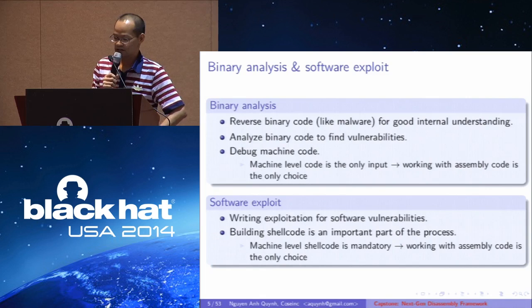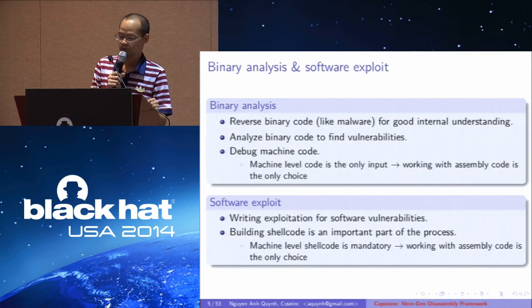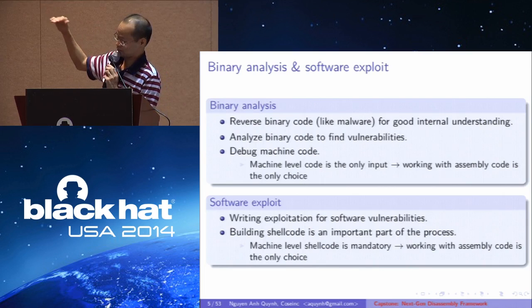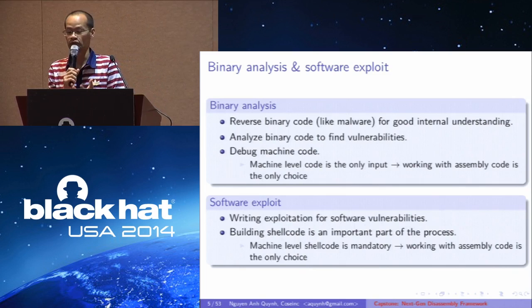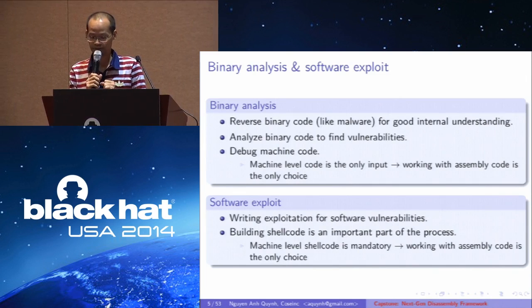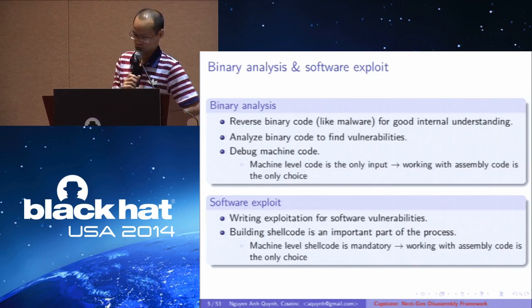Or you can analyze the binary code to find vulnerabilities, or you can debug some program. In all of those cases, you have only machine code. You don't have source code. So the only choice, if you work in these areas, is that you need to work with assembly code.